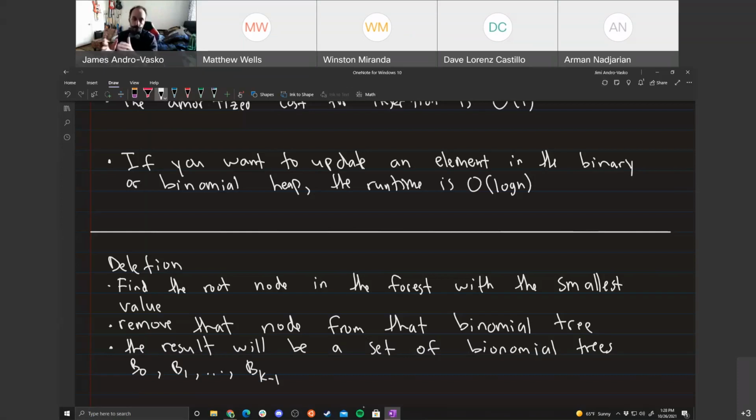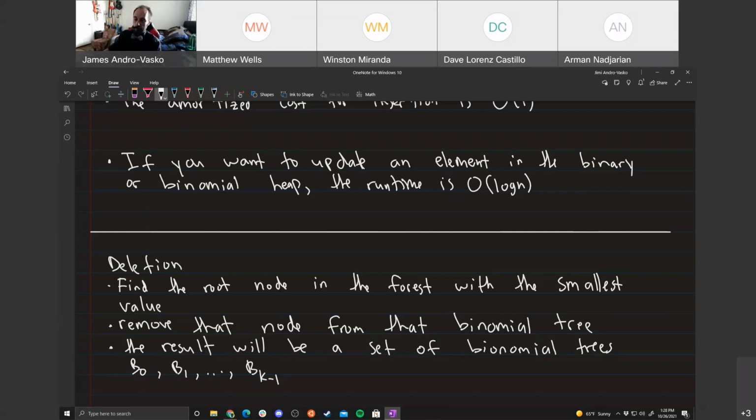So for that particular tree, let's say if that tree was a B2 tree, then it would create a B0 and a B1. If it's a B3 tree, it's going to create B0, B1, B2 trees as the result. If the root gets removed, then all these subtrees will be the result.